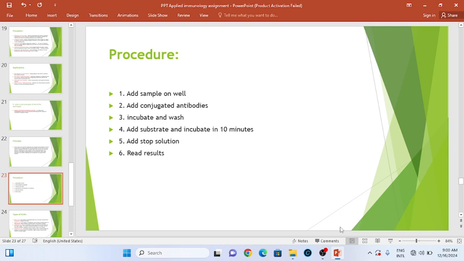The procedures of ELISA, how ELISA is performed. First of all, we take a sample on a well, meaning we add a sample to a well. Second, we add a conjugate antibody, meaning antibody with an enzyme. Third, we incubate and wash.